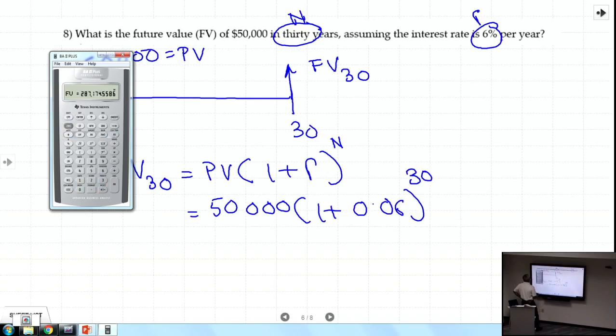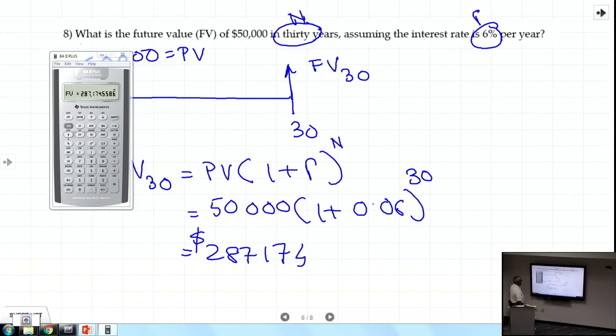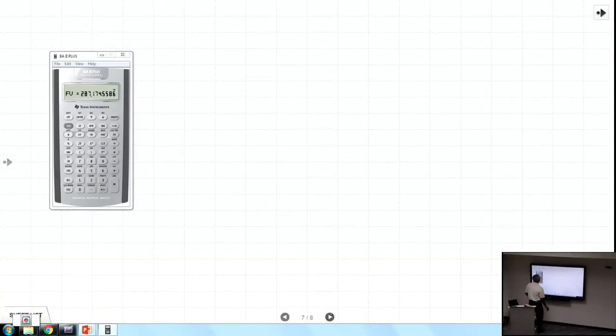So that's 287,174. Rounding the numbers, 287,174. That gives me the future value of this cash flow. So that completes the problem tutorials for Chapter 3.